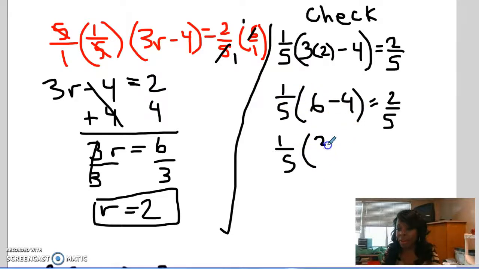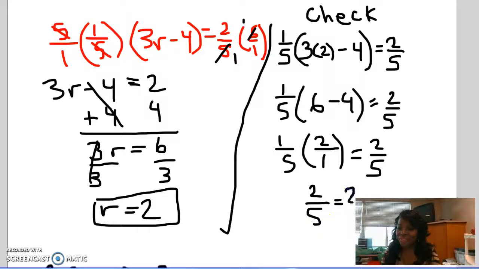And let's just go ahead and put 2 over 1. And look at that. 2 is equal to 2/5. So 2 times 1 is 2. 5 times 1 is 5. 2/5 is equal to 2/5. And there you have it.